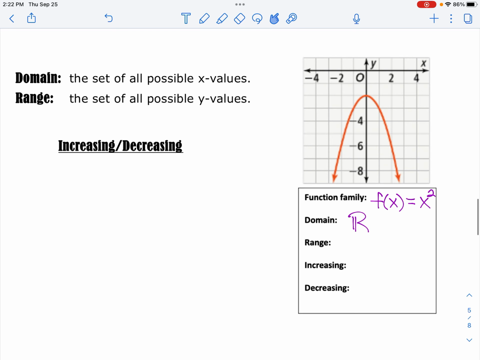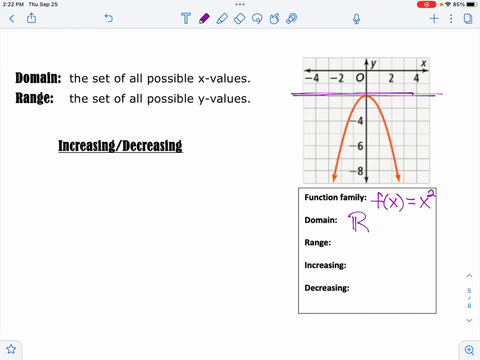How about y values? So y values are up and down, right? This is basically how high or low does the function go. In this case, you'll notice the function goes all the way up to here, but does not get any higher. And that looks like -2.